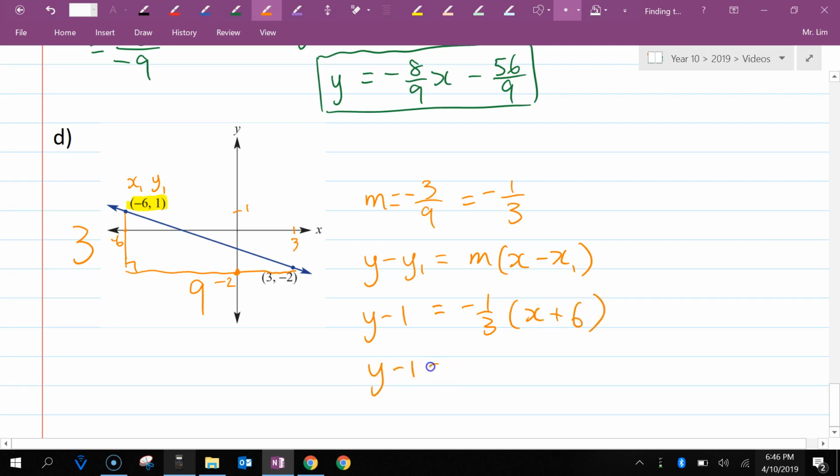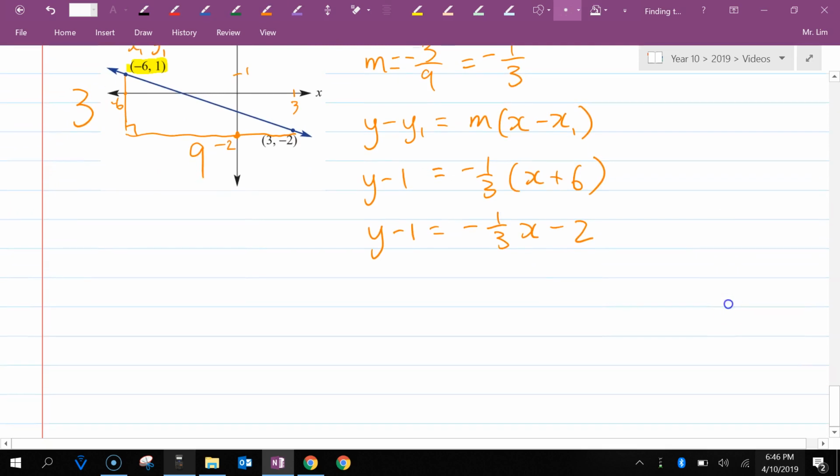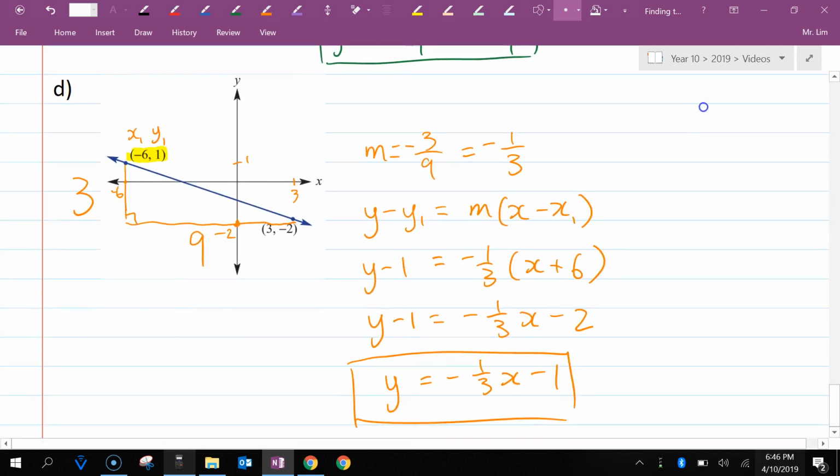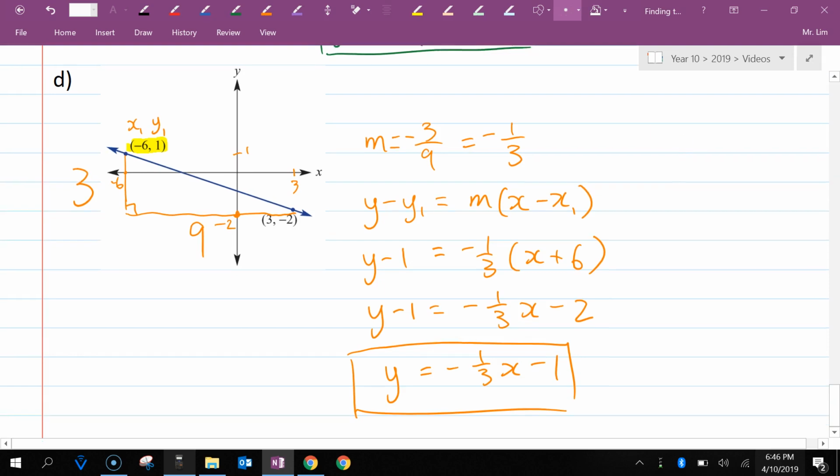Expand the brackets. Y minus 1 is equal to negative 1/3 x minus 2. Add 1 to both sides. Y is equal to minus 1/3 x minus 1. And that's our final answer. So now you should know how to find the equation of a line that passes through 1 point or that passes through 2 points. And that's it for this video.